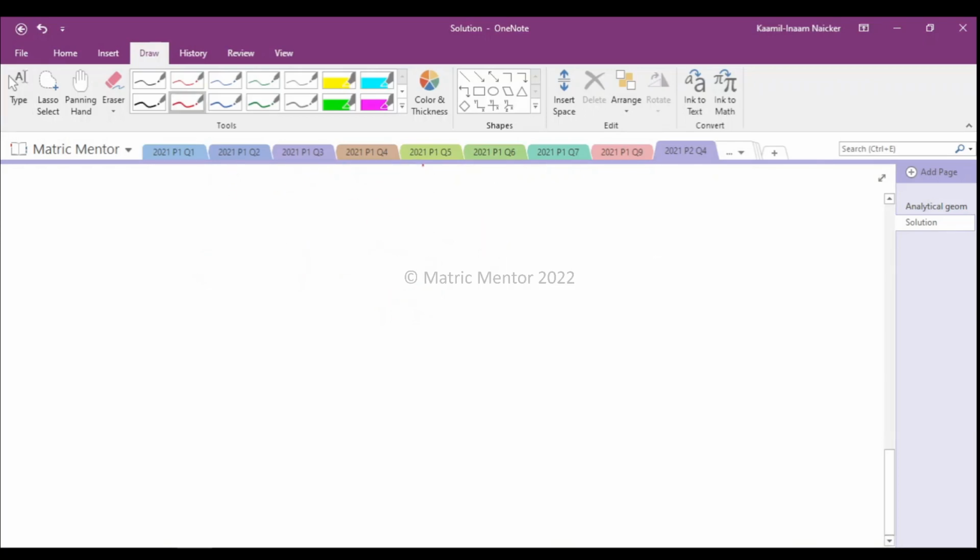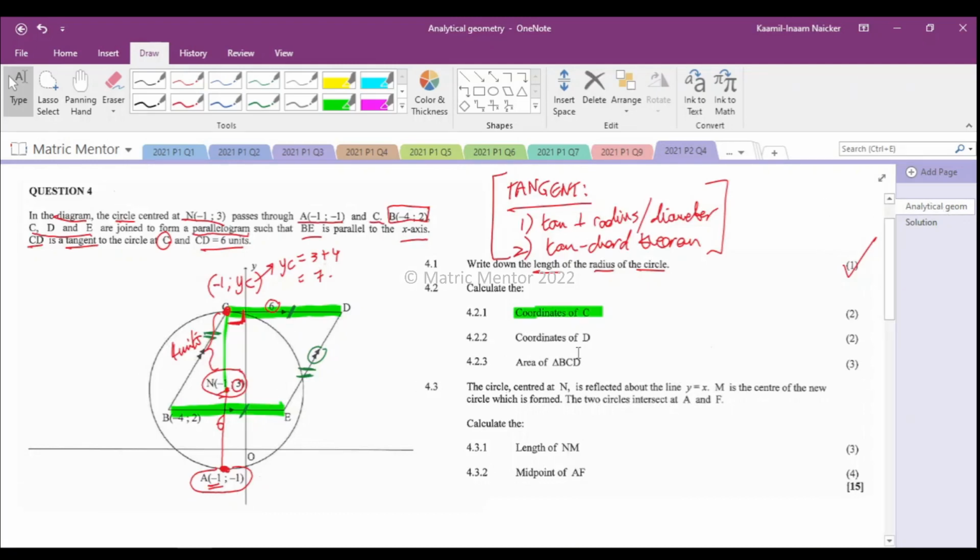So the next question is 4.2.2. In 4.2.2, they say to me, what are the coordinates of D? So let's have a look at our picture, and you can see D is sitting over here. Now remember, C and D are perfectly horizontally in line with each other. So the y value of C should equal the y value of D. We don't know what the x value of D is, but we know that the y value of D should also be 7.